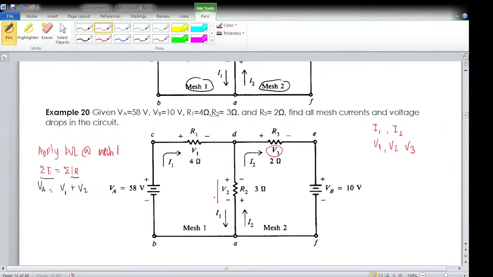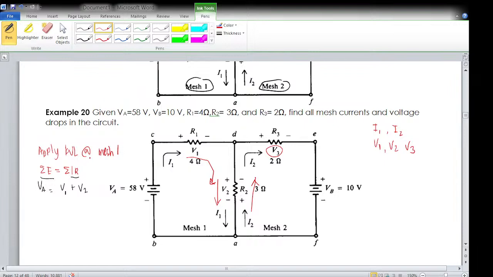Meron tayong pa ganitong current at meron tayong pa ganitong current. So that means if that happens, your V sub 2 will have two currents here. Ayan o. So mamaya natin i-discuss.